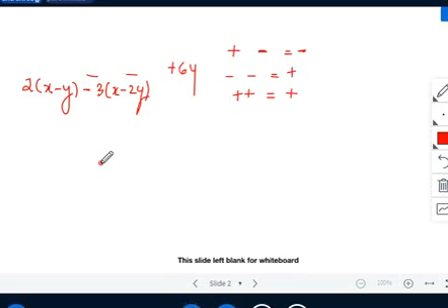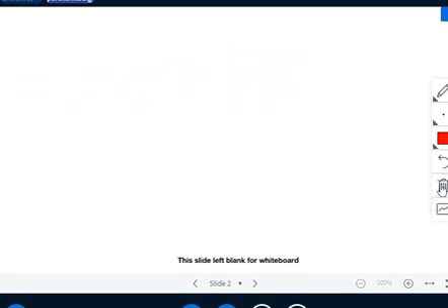Now next, you have to factorize this one. P cubed. You have to factorize, which means you have to make factors of these two.